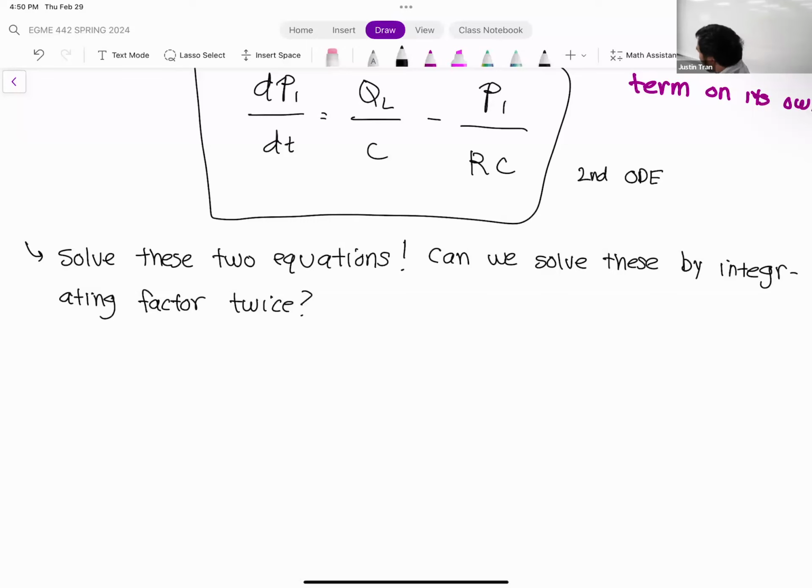Well, the problem with this is that these aren't independent equations. In fact, these two equations are what we call coupled equations. And what coupled basically means is that the solution of one equation depends on the solution of the other equation and vice versa.